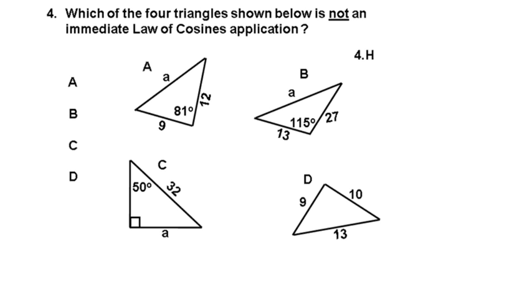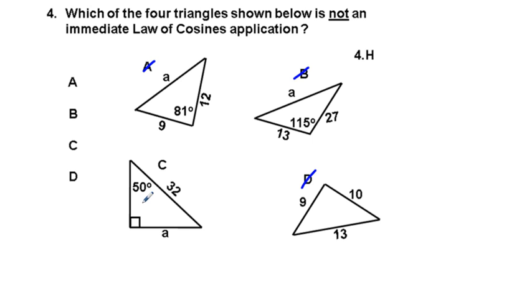4. Which of the four triangles shown below is not an immediate law of cosines application? B definitely is, because we have side-angle-side. I think A is, and D we can solve using law of cosines also.